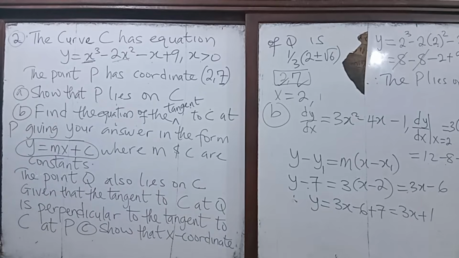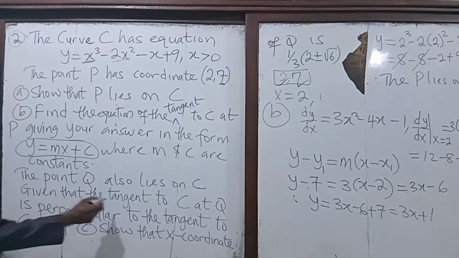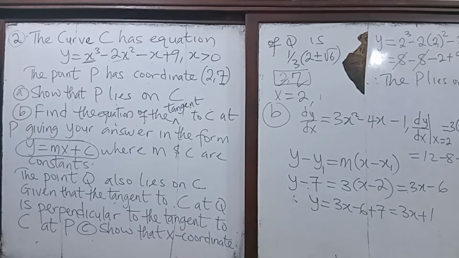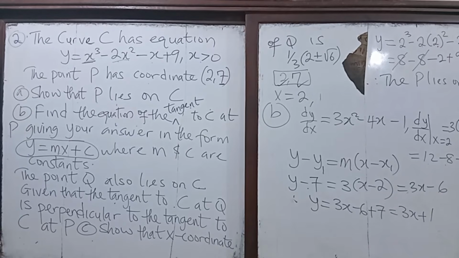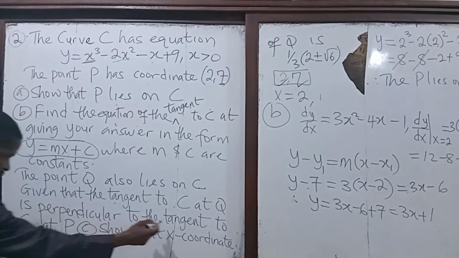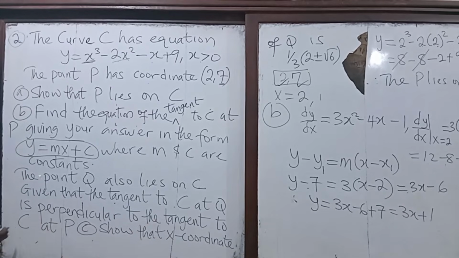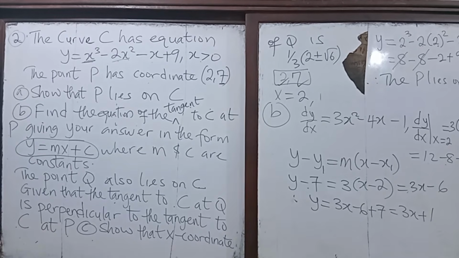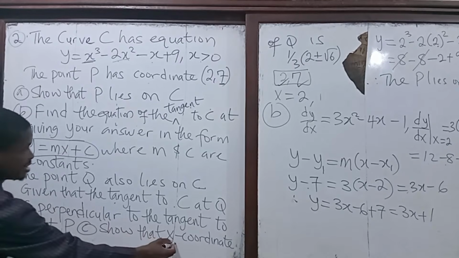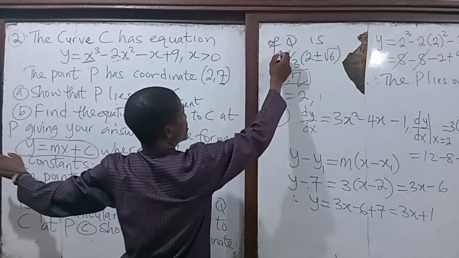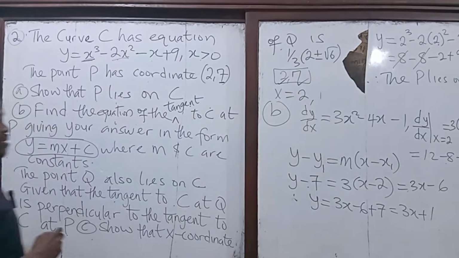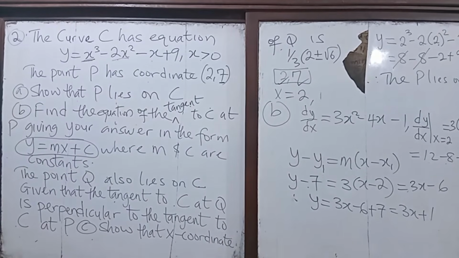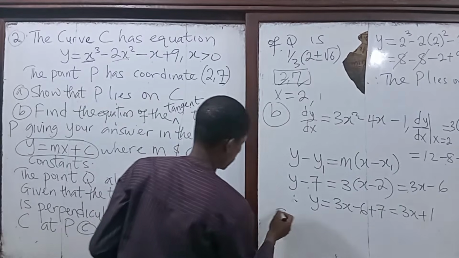Given that the tangent to C at Q is perpendicular to the tangent to C at P, show that the x coordinate of Q is this.